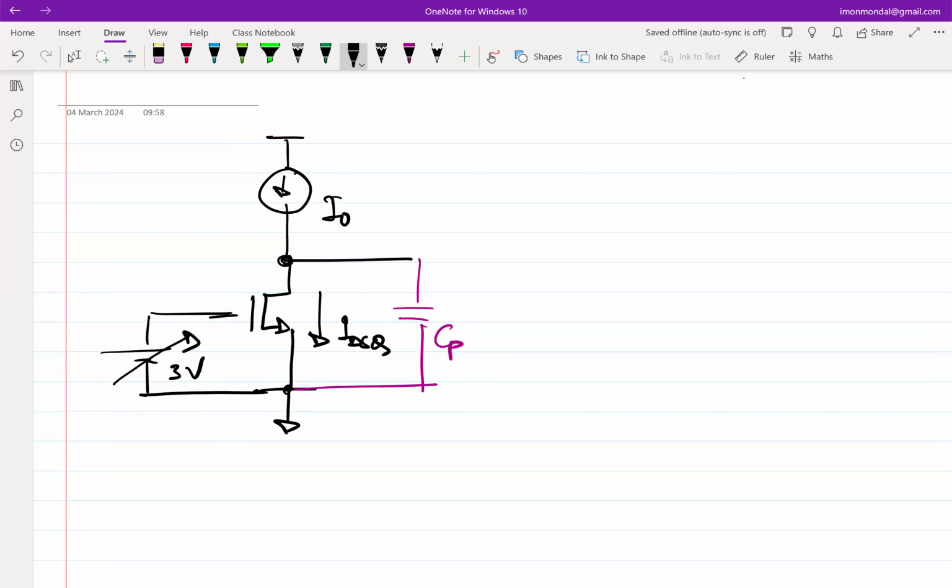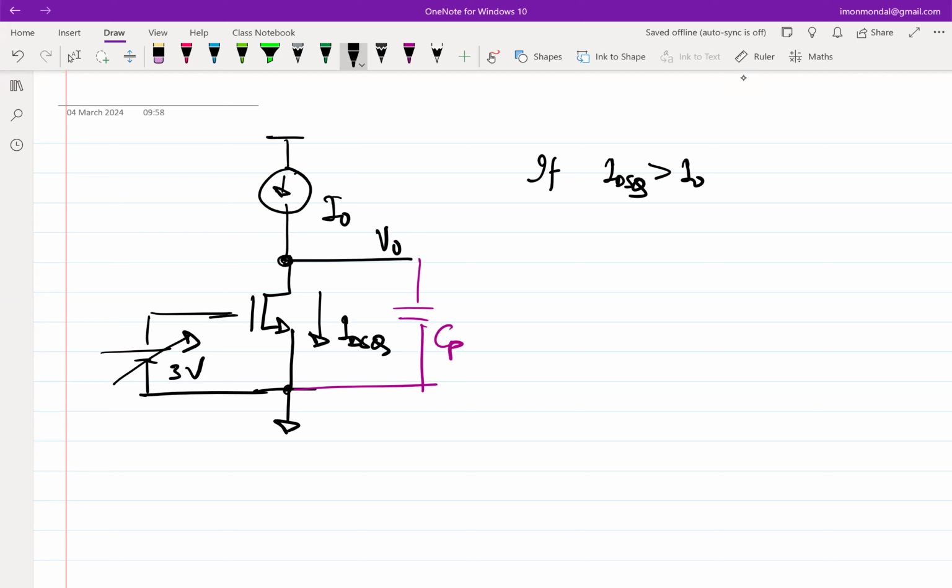So now let's assume for the time being that under the condition that we have shown, your IDSQ is greater than I0. If IDSQ is greater than I0, this voltage, let's say V0, the drain voltage, what's going to happen to V0? It's going to decrease, right?